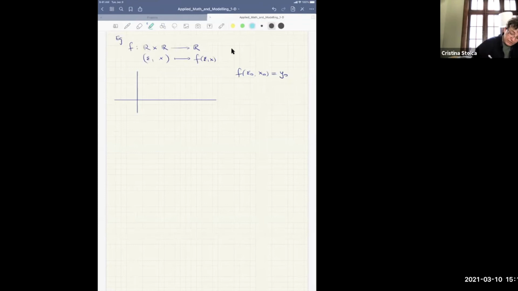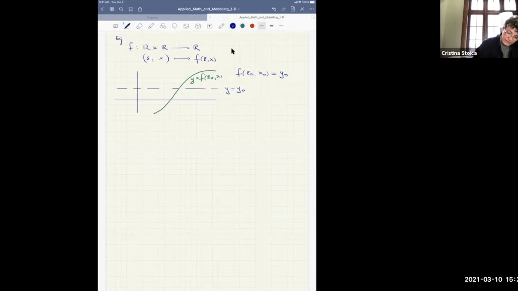Here I'm going to put y equals y naught, and f is some function. So this is y equals f at epsilon naught and x.